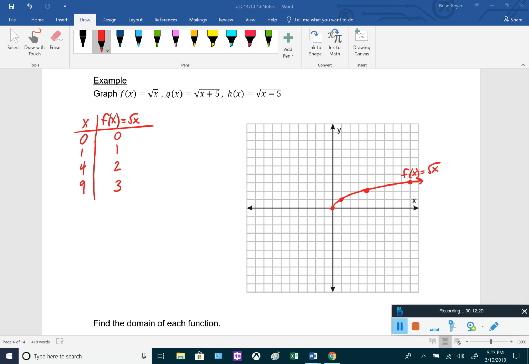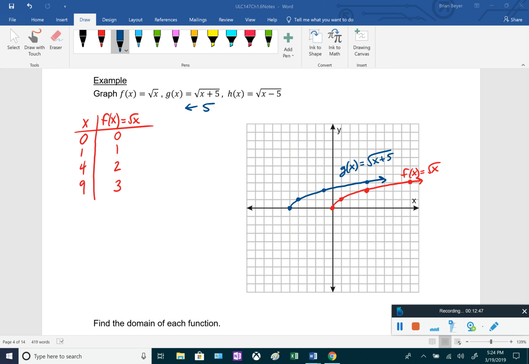So let's take a look at g of x, the square root of x plus 5. Since we know that it's going to be a horizontal shift because it's directly on the x, the plus 5 means it's to the left 5. So we're going to move every point to the left 5 units, and we'll get that blue curve on the left.